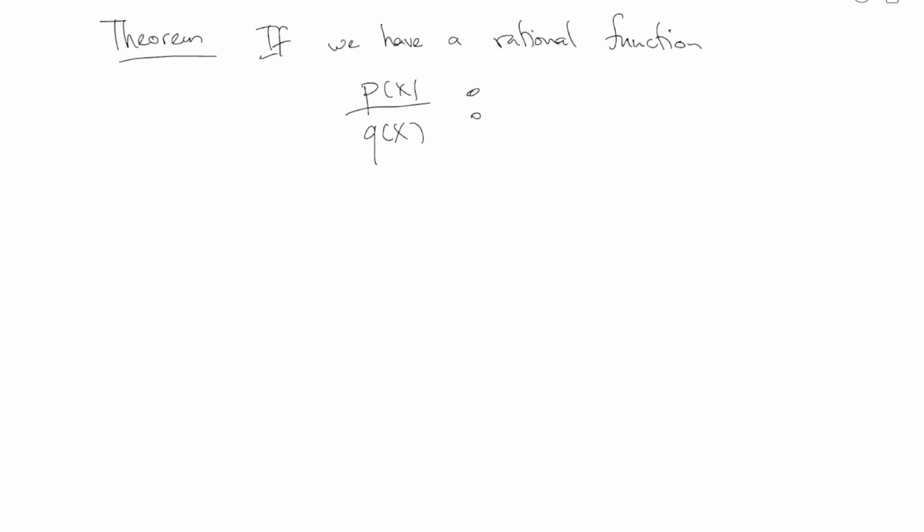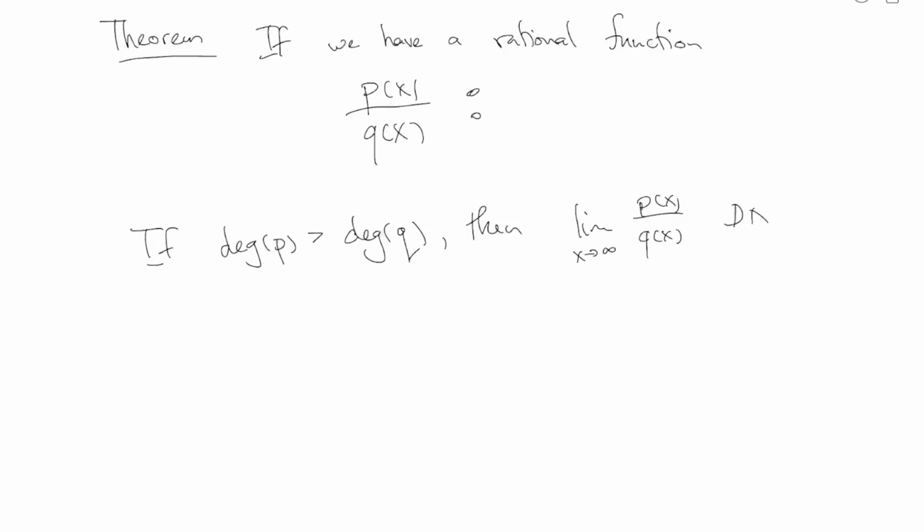Then, if the degree of p is bigger than the degree of q, that is, the degree on top is bigger than on the bottom, then the limit as x goes to infinity of p of x over q of x does not exist. If the degree on the top is bigger, the limit does not exist.